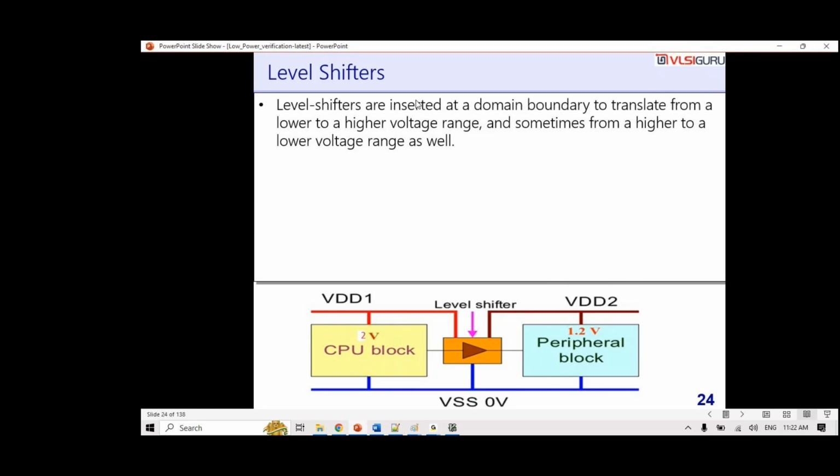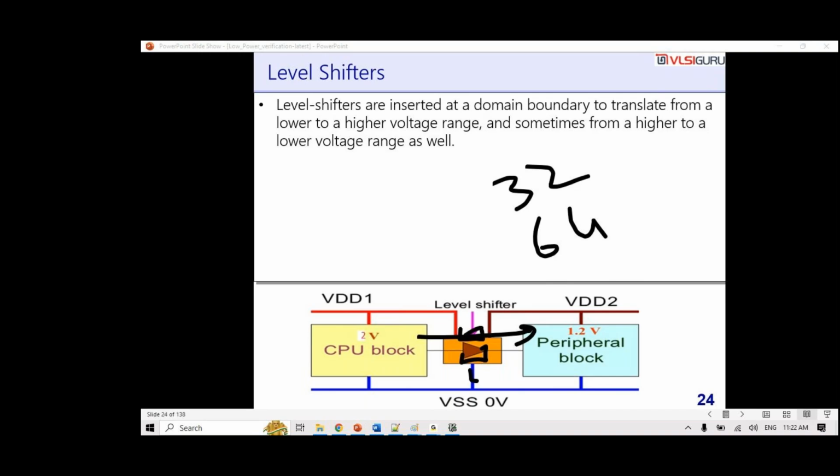The level shifters are inserted at the domain boundary. Will there be only one level shifter? No. For every signal that is going, let's say if address is 32-bit, data is 64-bit, you have to keep level shifters for each line that is going from one domain to the other domain.